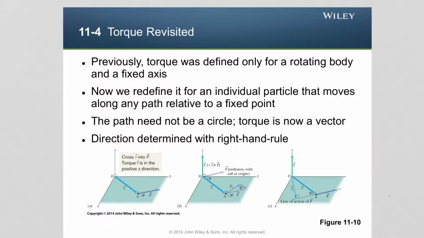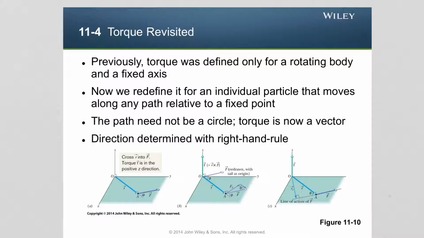In the lecture on rotation, we discussed torque for a rotating body about a fixed axis. And I mentioned there that torque is a vector quantity and is the result of a cross product of two vectors, a position vector and a force vector.